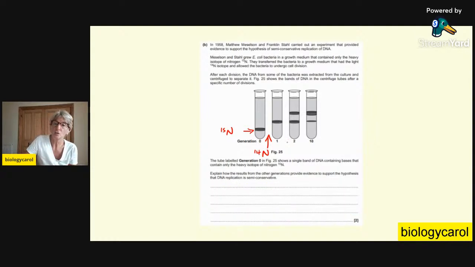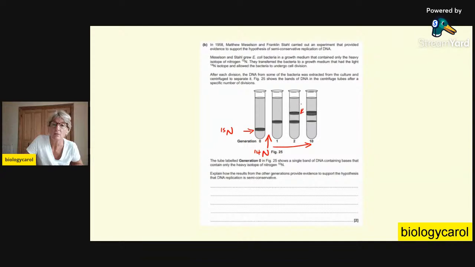But of course, because the light nitrogen is only available for these generations, the next generation is only able to make the DNA from light nitrogen. And therefore now you will have two bands in the tube.